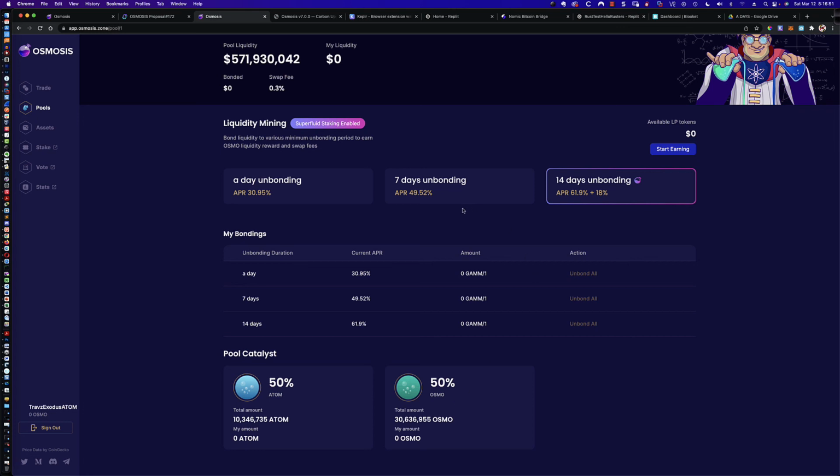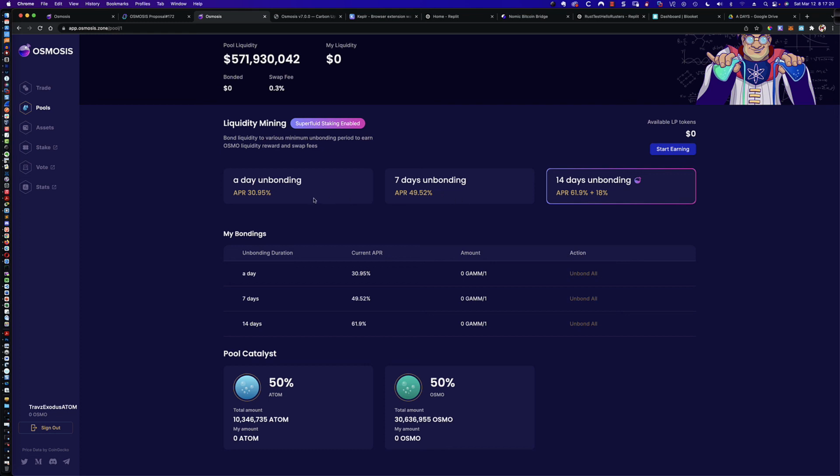And it looks like pools 560 and 561, the Osmo UST and Osmo Luna pools respectively, which are also the second and third largest in the Osmosis Zone by total value locked, that superfluid staking is going to be passed in about 2 days. And my guess would be that it's probably not going to take them very long to get that enabled. And when it does, just like Pool 1, it's going to be the 14-day bonding period only.